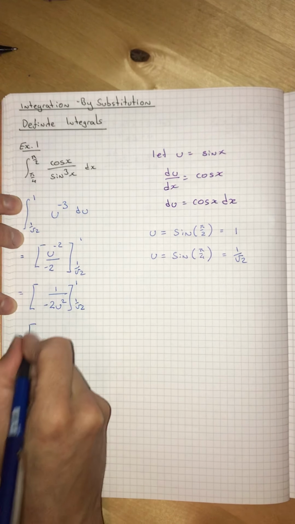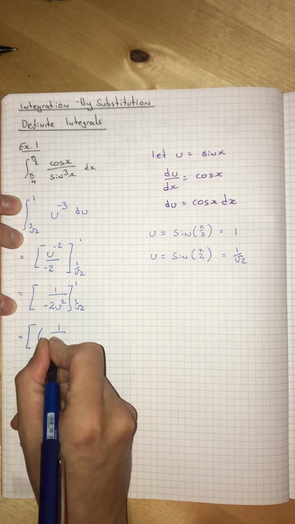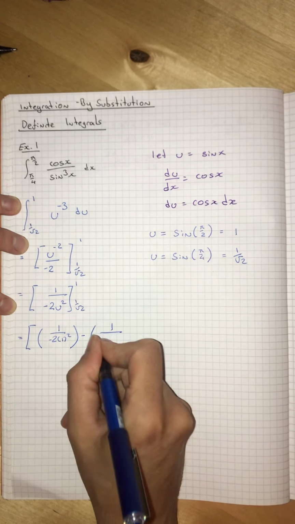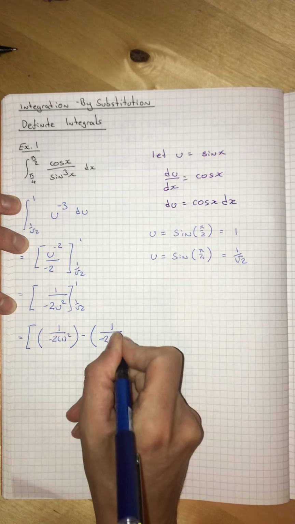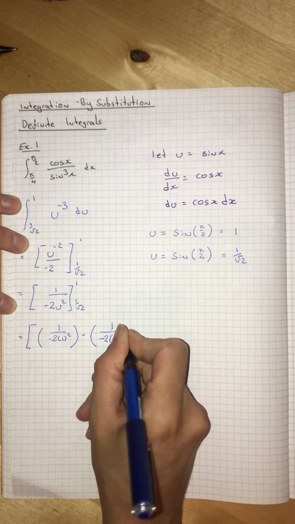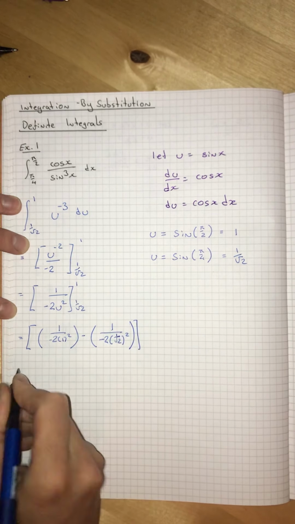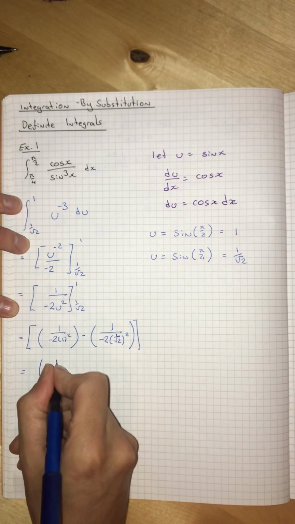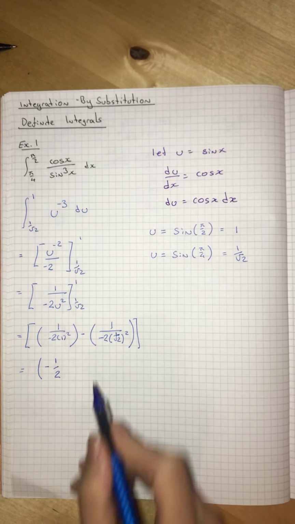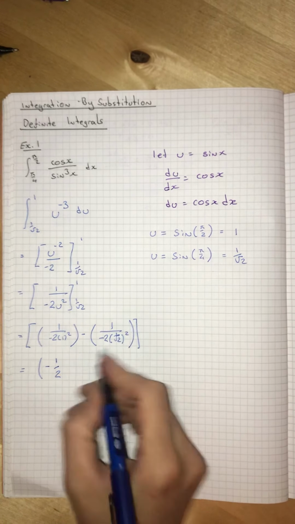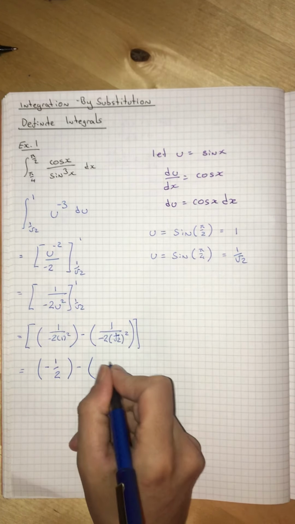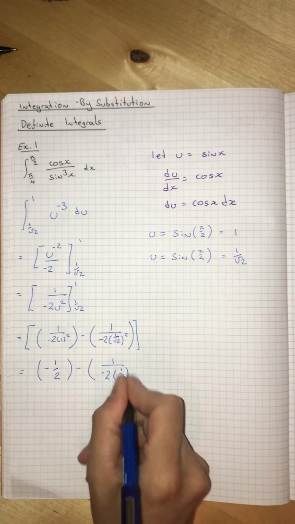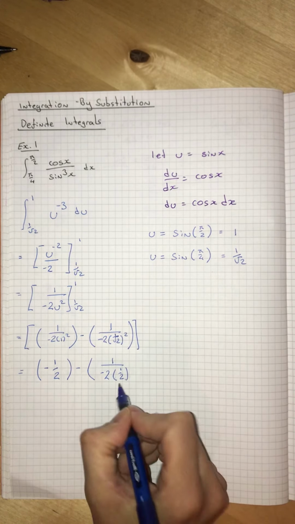So we're going to get 1 over negative 2, 1 squared, minus 1 over negative 2, 1 over root 2 squared. 1 squared is 1, so that becomes negative a half. 1 over root 2 squared will become a half, because 1 squared is 1 and root 2 squared is 2.